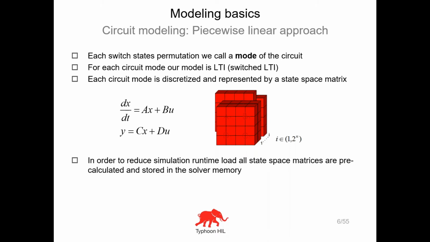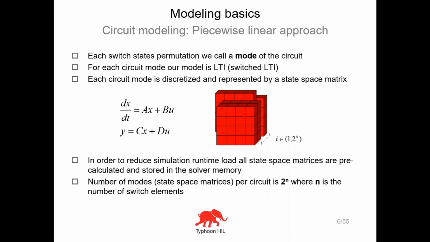Since our simulation time step is fixed and all the reachable modes are known beforehand, state space matrices can be calculated in advance and stored in the solver memory. So this way we can dramatically reduce the runtime computational load, which helps us achieve very short simulation time steps.